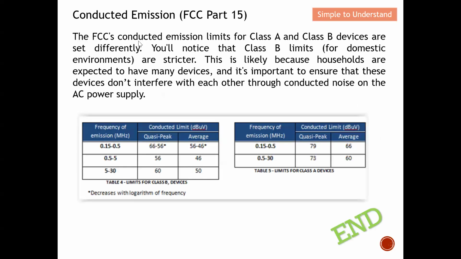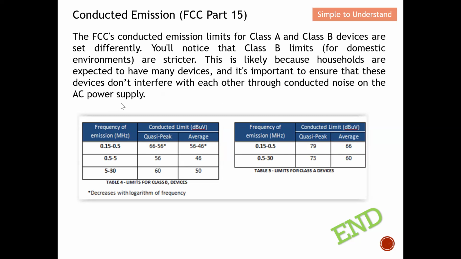The FCC Part 15 conducted emission limit lines for Class A and Class B are set differently. You can see that Class B, typically for the domestic environment, is stricter. This is because households are expected to have many devices, and hence it is very important to ensure that these devices don't interfere with each other through conducted noise on the AC power supply.